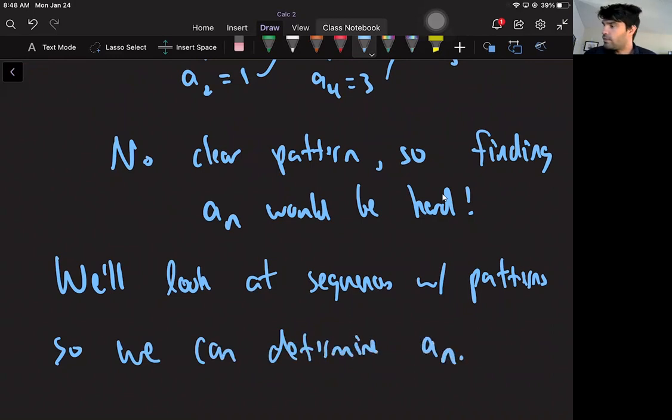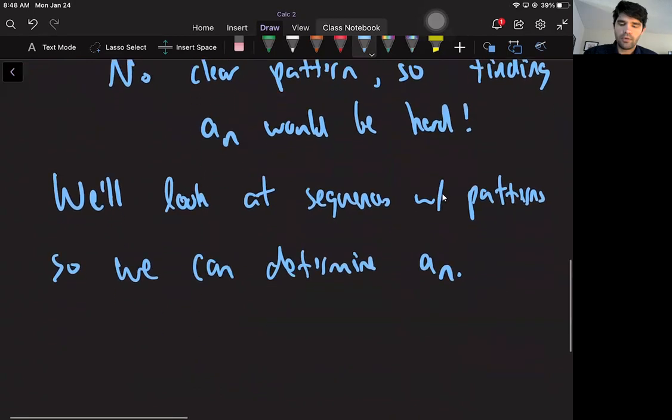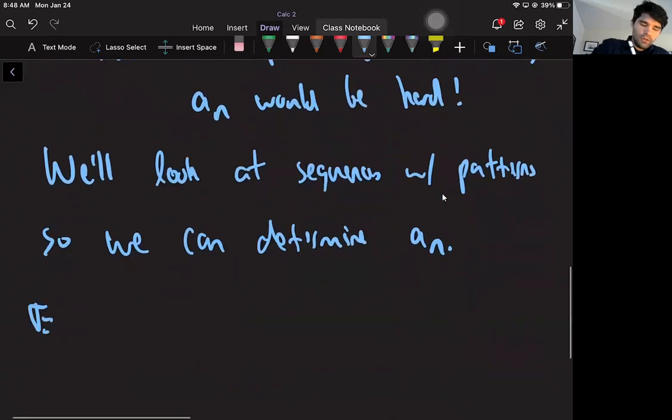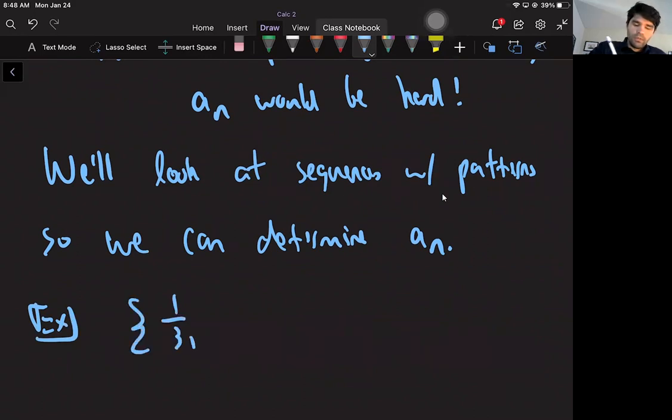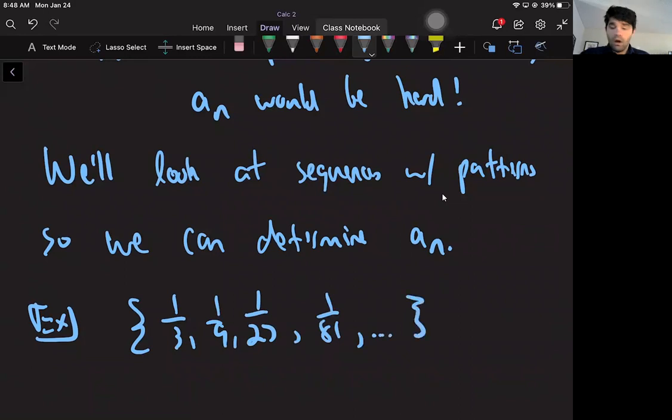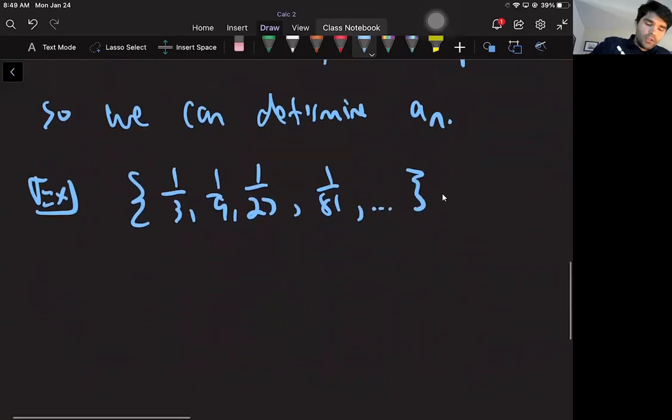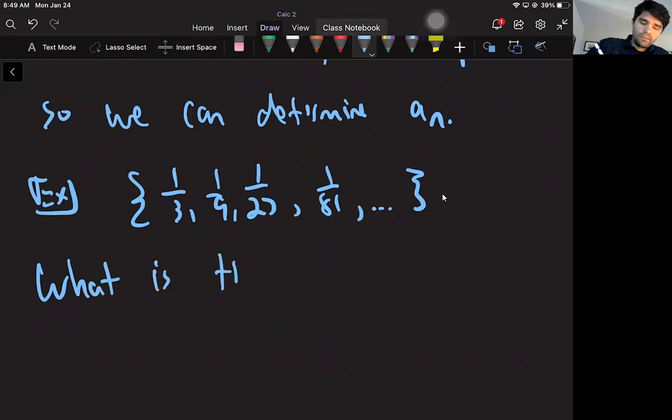Okay, so let's just see an example of a sequence with a very clear pattern to it. So 1/3, 1/9, 1/27, 1/81, dot dot dot. Okay, so this one has a pattern which you can probably say in words pretty quickly if you just look at it.